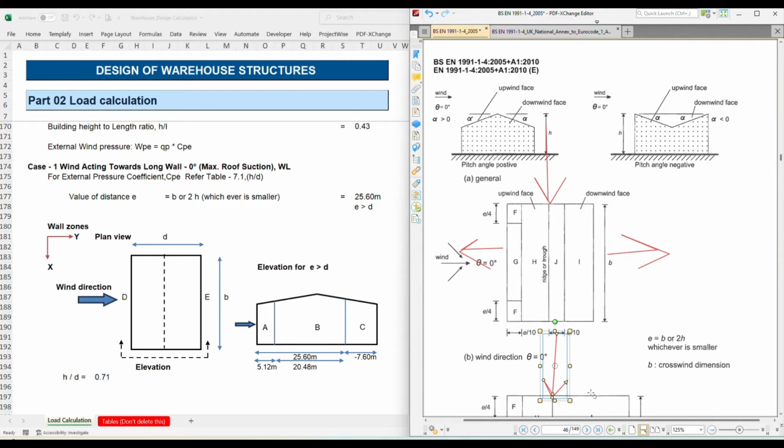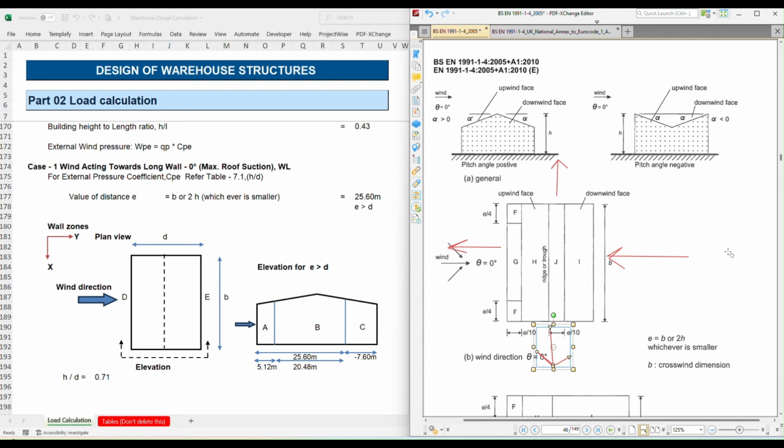In the third case, if the wind is acting in this direction, that is minus 0 degree or 180 degree, the right-hand side of the longer span of the building, then again the opposite side will be subjected to suction, and this smaller width is also subjected to suction.